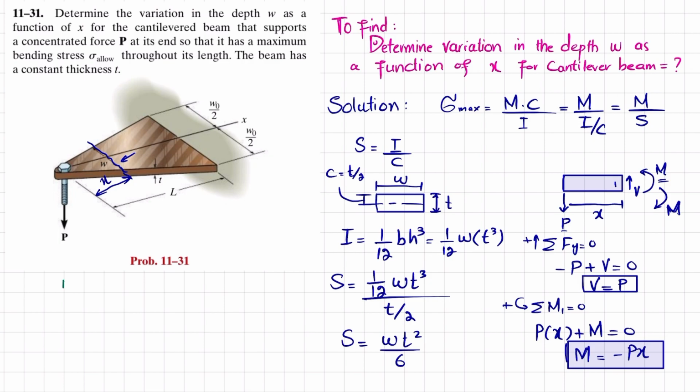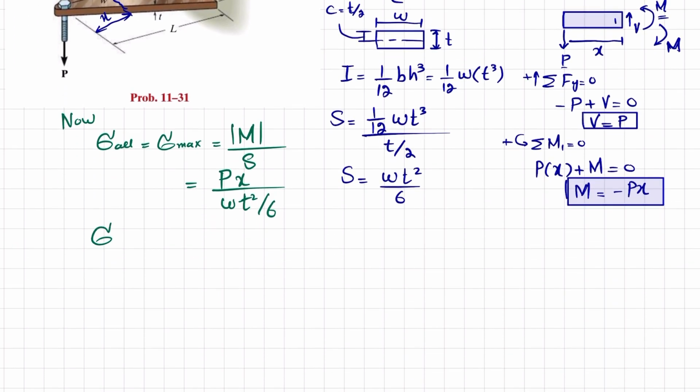Now we know that allowable bending stress or maximum bending stress is equal to moment divided by section modulus. We are taking the modulus. So P into x divided by S, which is W T square over 6. So you will get allowable stress comes out to be P into x divided by W T square over 6. Let this be equation number 1.